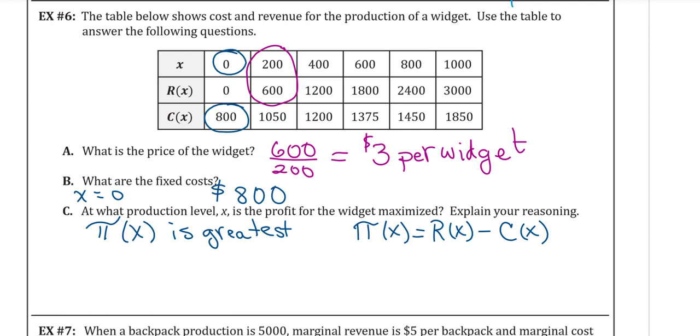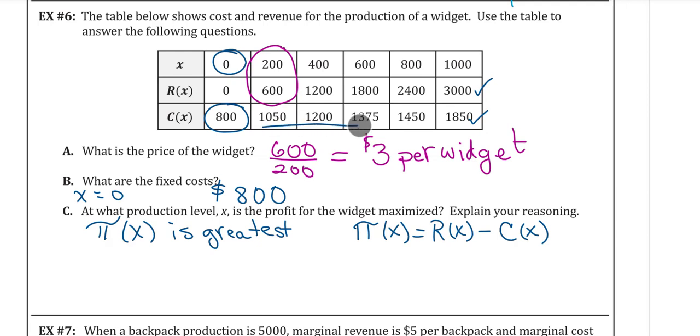So looking at these two entries, we want to find where we have the greatest difference in prices. And you can see that at 1,000 items, we have the largest difference because we have a revenue of 3,000 and our costs are 1,800.